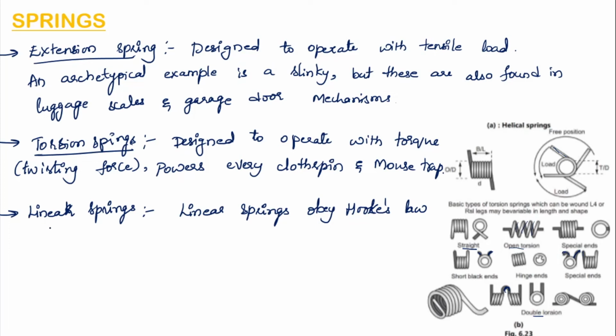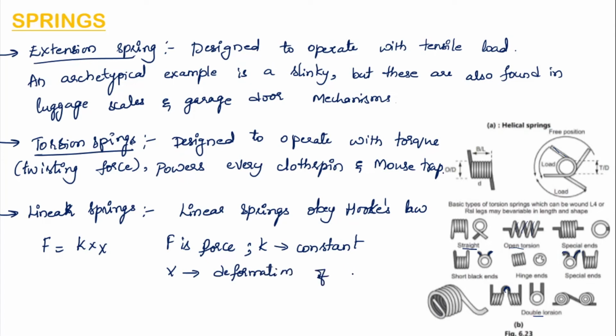Hooke's law states that F equals K into X, where F is force, K is a constant and X is the small deformation of the spring. This is how the linear springs operate, that is, they obey Hooke's law.